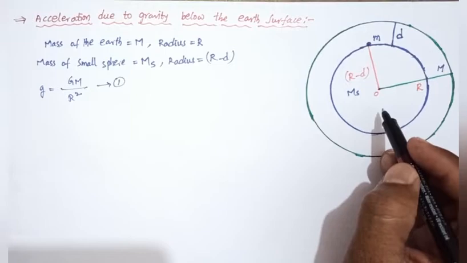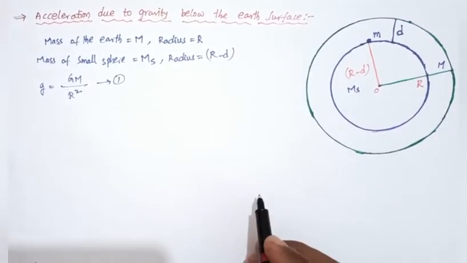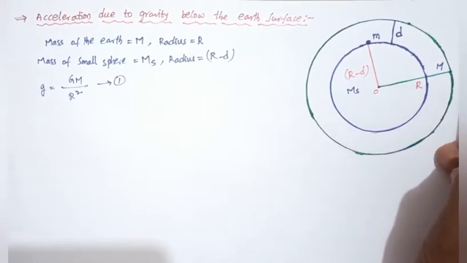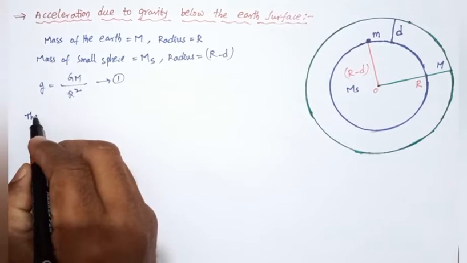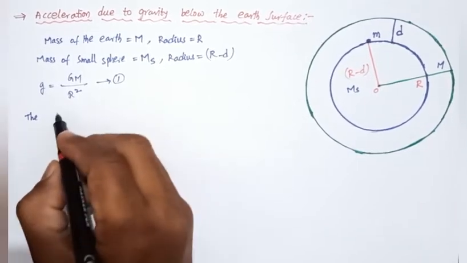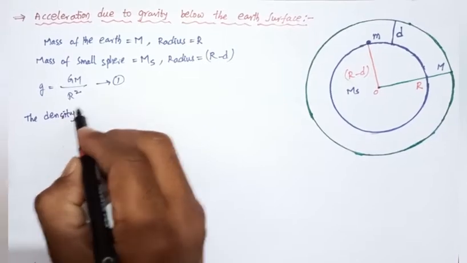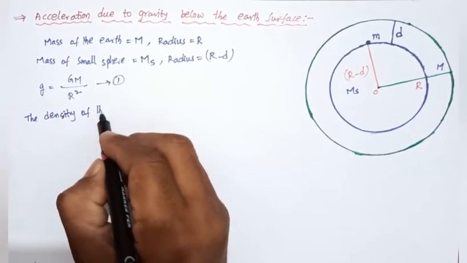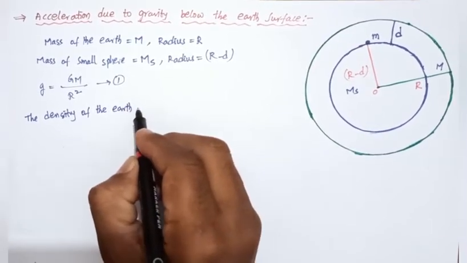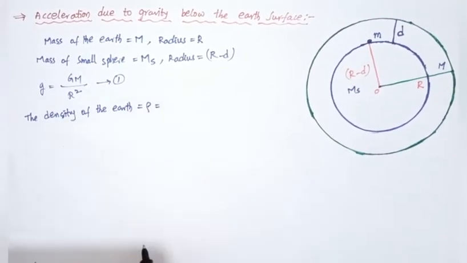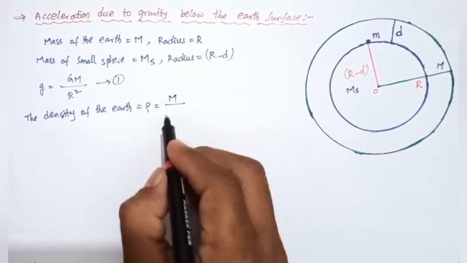The density of the earth at any point does not change. So the density of the earth, rho, equals mass of the earth by volume of the earth.